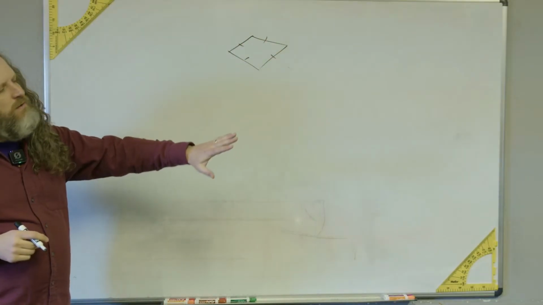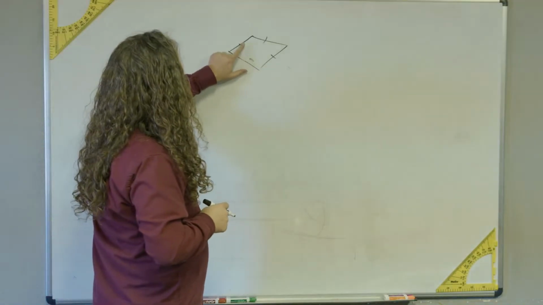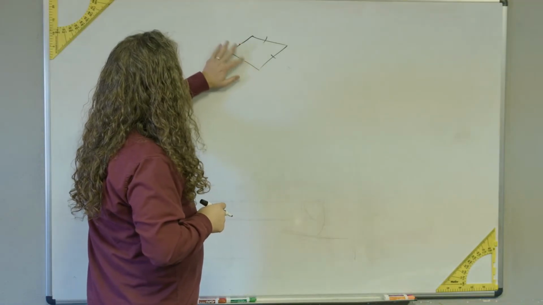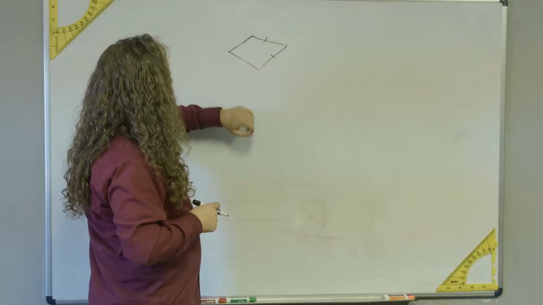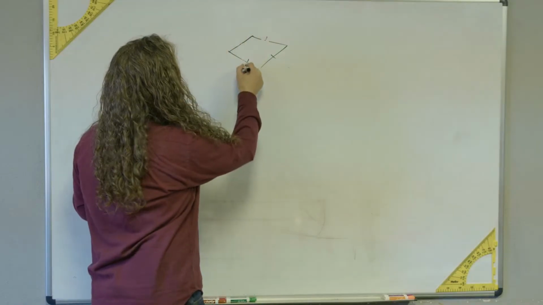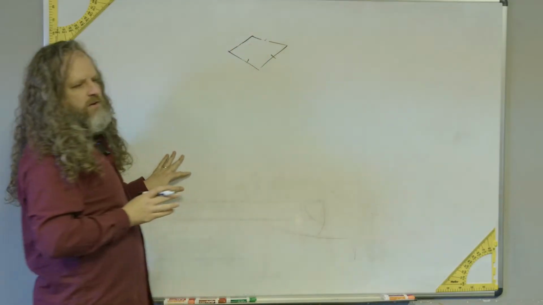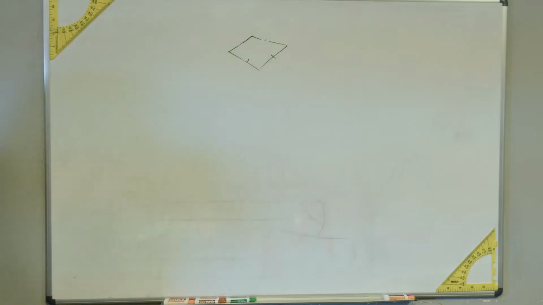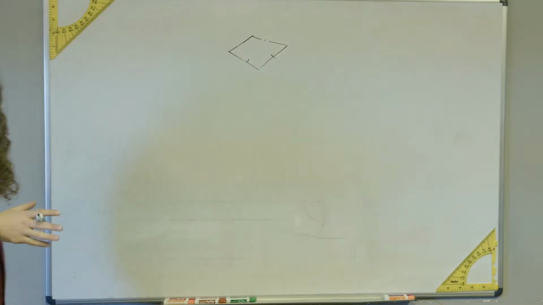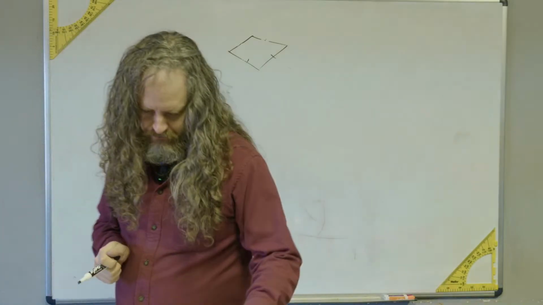But this theorem says that if we can just prove that a couple of consecutive ones, so these two or the top two or whatever, are congruent, then we can prove that the whole thing's a rhombus, which is nice, can save us some steps.